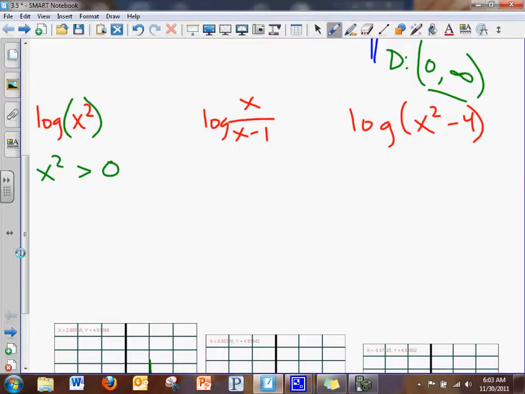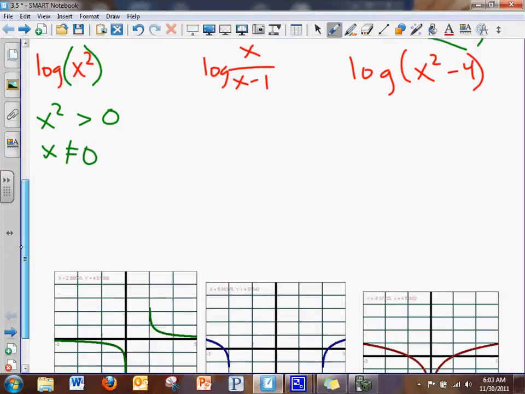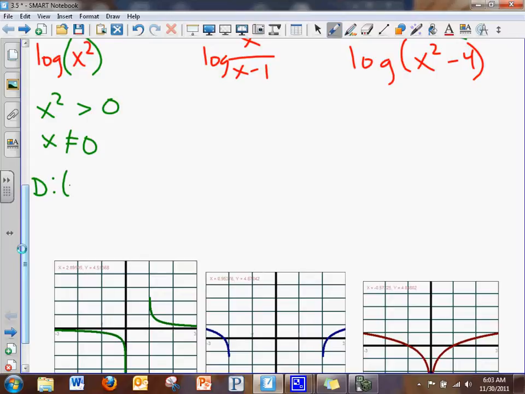So any number that I put in for x is going to be greater than 0. The only thing is that it can't equal 0. So my only restriction on this domain is that x can't be equal to 0. So I'm going to write this domain as negative infinity to 0, not included, union 0 to positive infinity. I'm going to wait to match it up to the graph until I can see which graph I'm talking about.